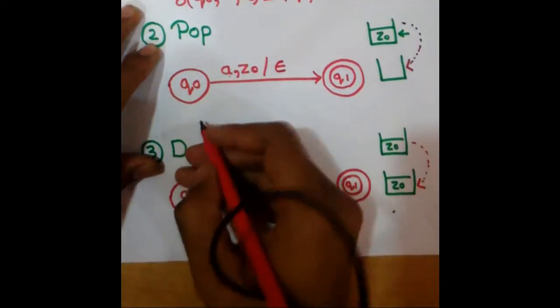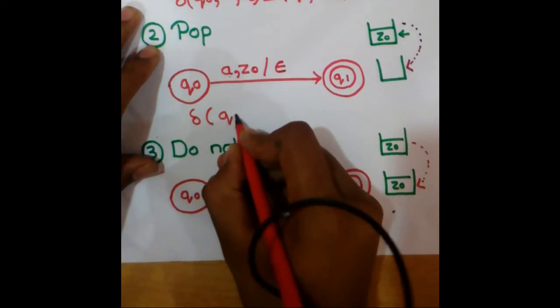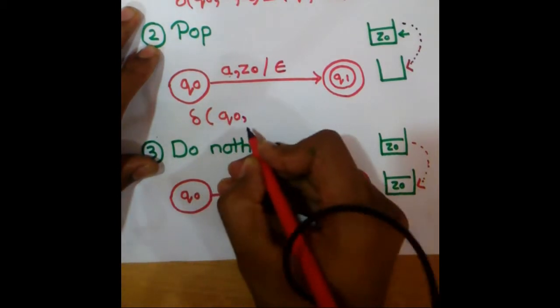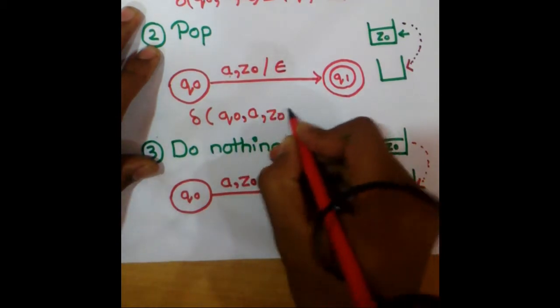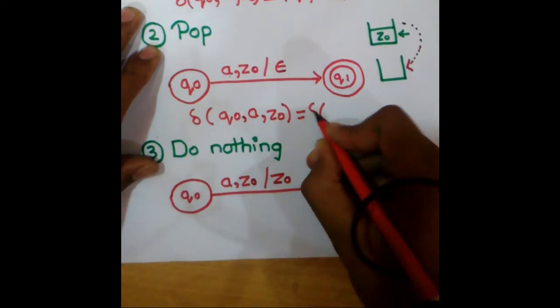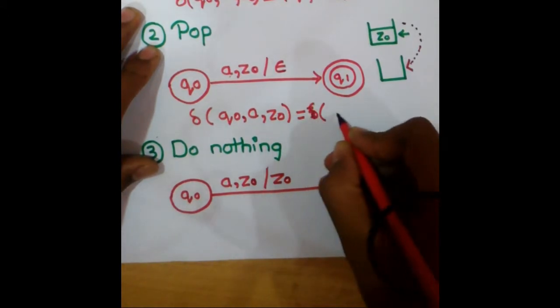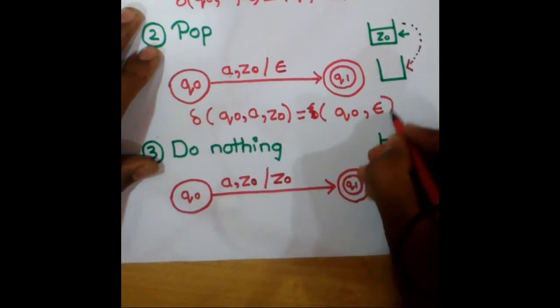Now we can represent the pop operation as well. If q0 is the initial state and if a is the input and Z0 is inside the stack, we are just using a pop operation.